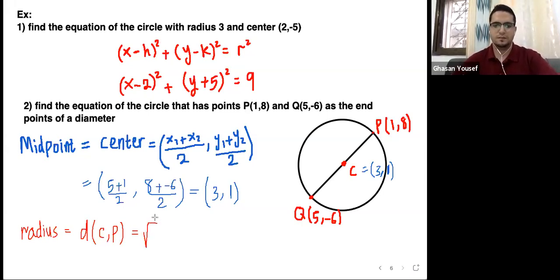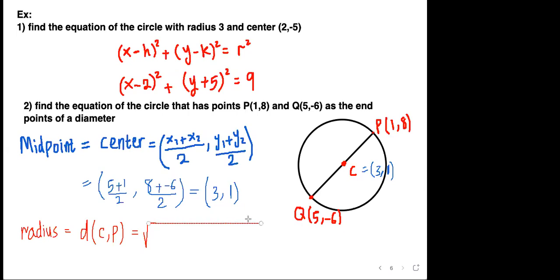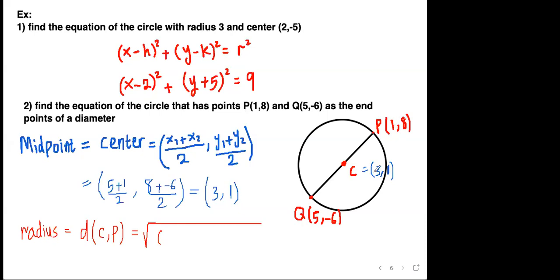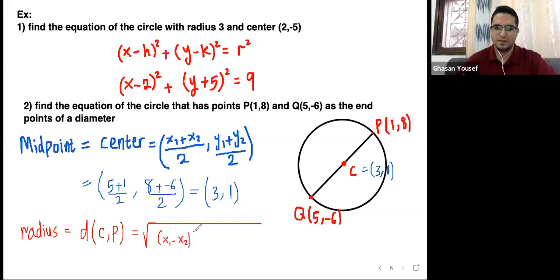The square root of (x1 minus x2) squared plus (y1 minus y2) squared. So this is my first point and this is my second point.